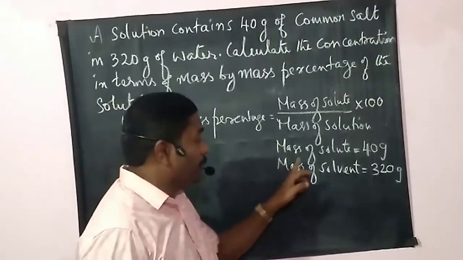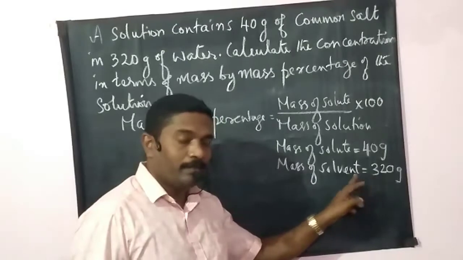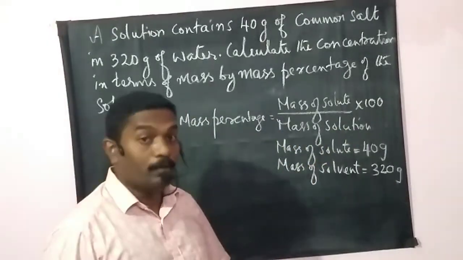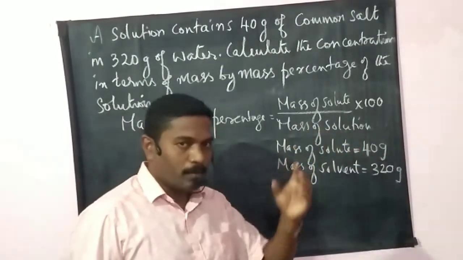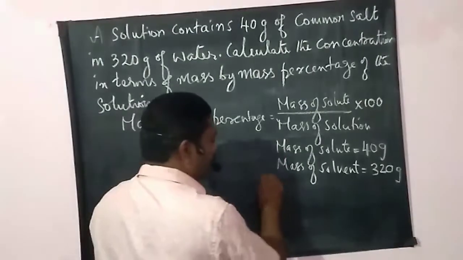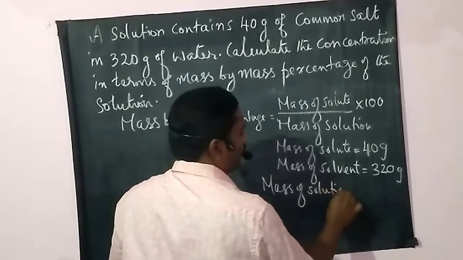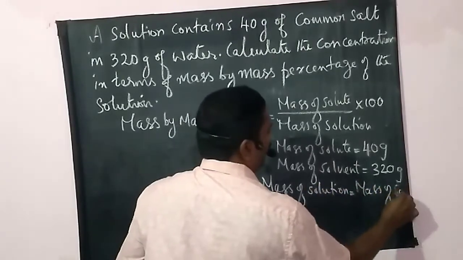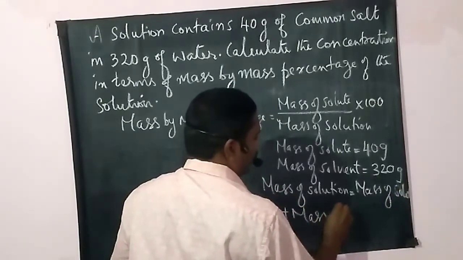So by finding the mass of solute and mass of solvent, we can calculate the mass of solution. How? We know a solution contains two components like solute and solvent. So, mass of solution is equal to mass of solute plus mass of solvent.